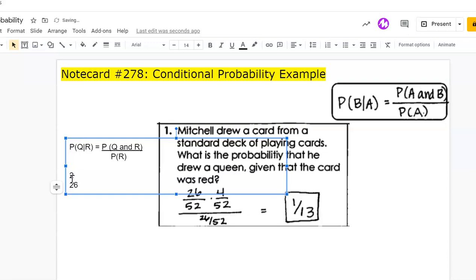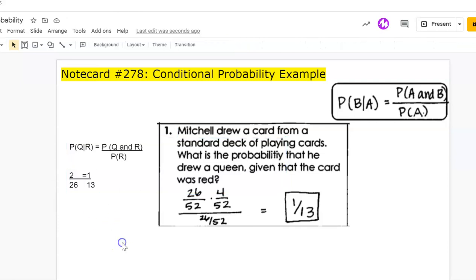So there's 2. So it would be 2 divided by 26, which reduces to 1/13. Okay, so you can just think about it that way on a lot of these. You don't have to use the formula. You only have to use the formula if you can't figure it out that way. So I hope that makes sense. But anyway, pause me and finish up note card 278.